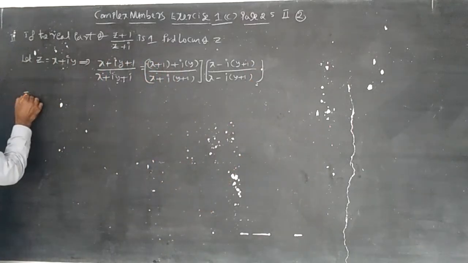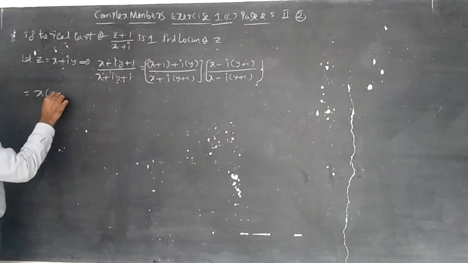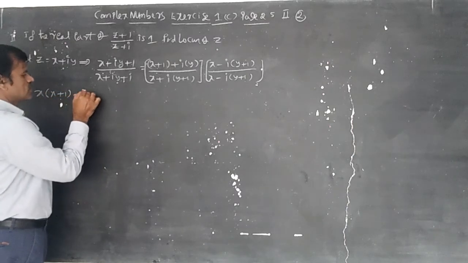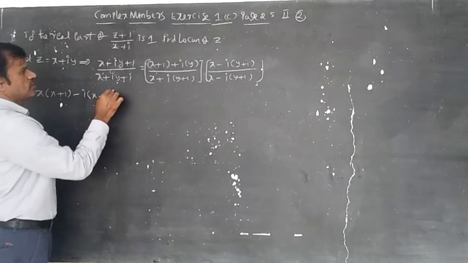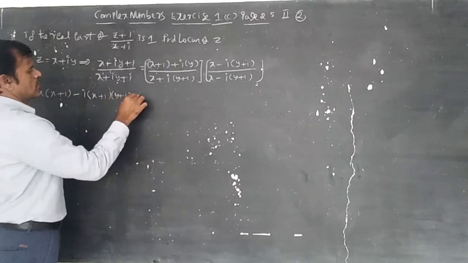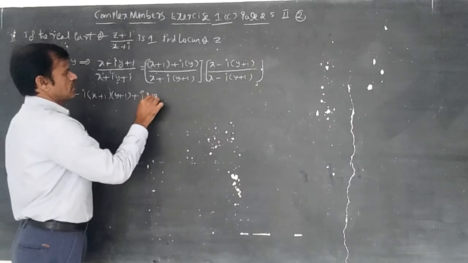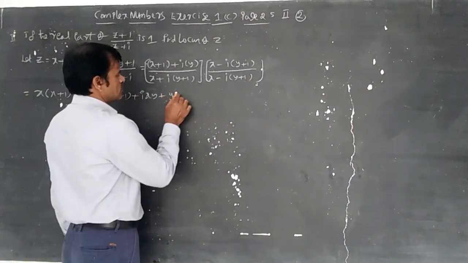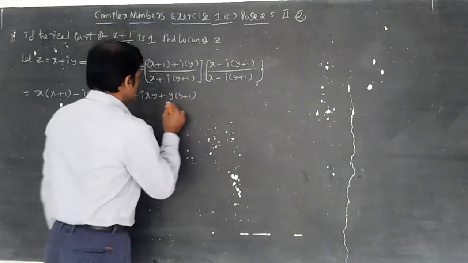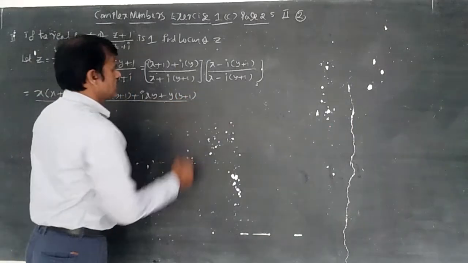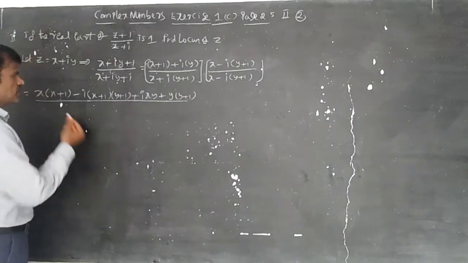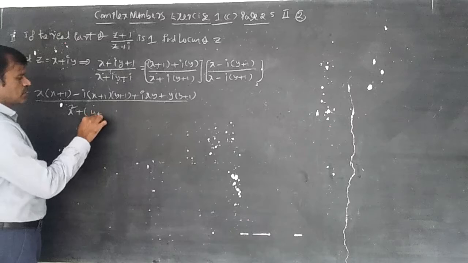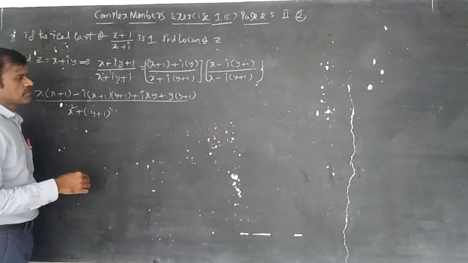That is equal to x(x plus 1) minus i(x plus 1)(y plus 1) plus ixy minus i square, which becomes plus, so y(y plus 1), whole by, write the formula (a plus ib)(a minus ib), so a square plus b square: x square plus (y plus 1) whole square.